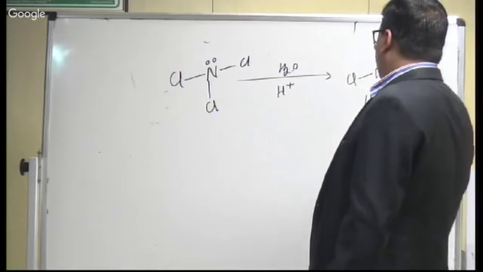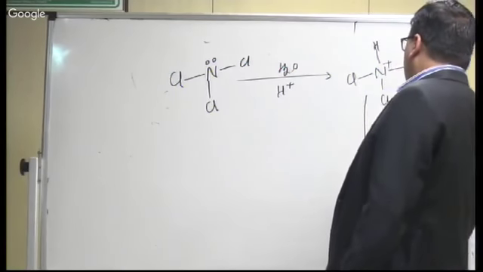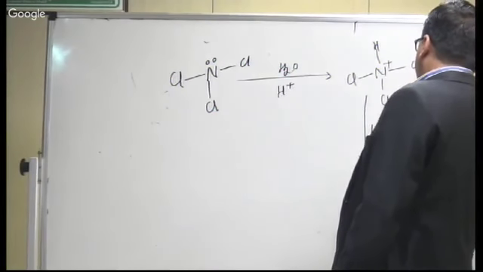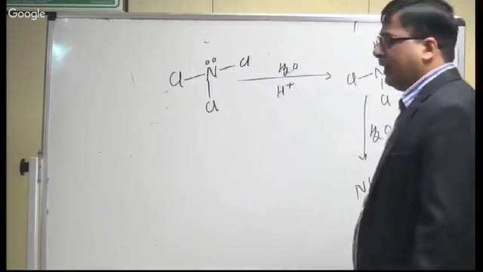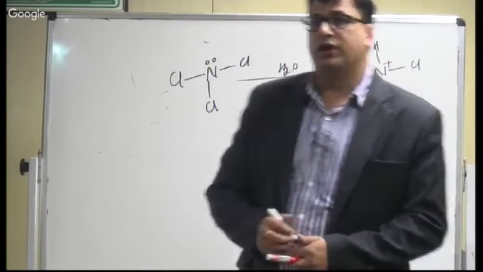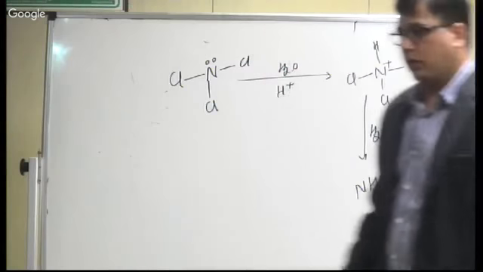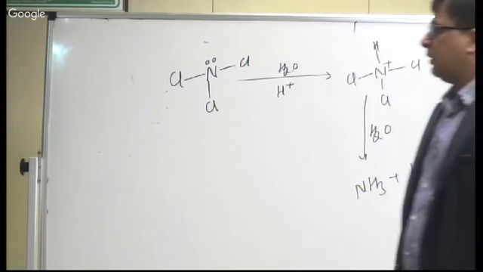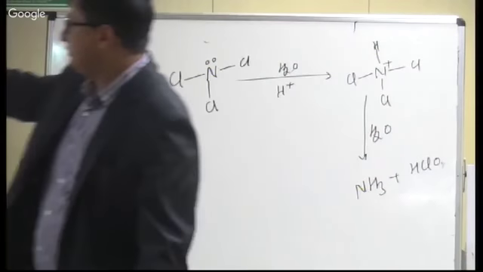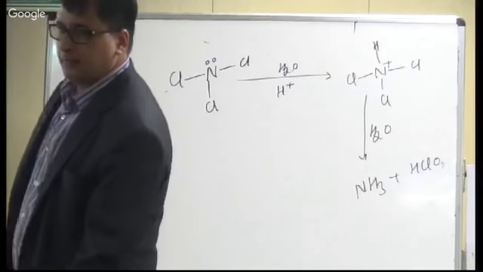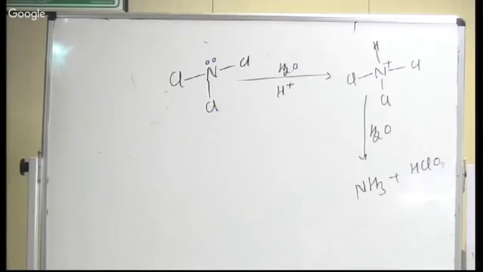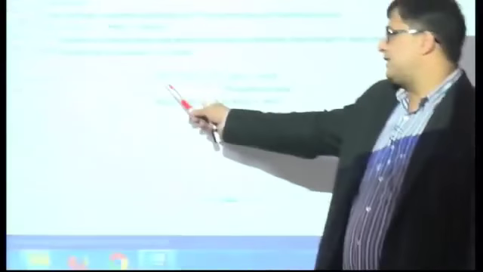Now further adding water, all halogens are substituted. NClO, NClO2, NClO3, or in some cases NClO4 also form. Clear? So I think all of you have written these points. Last year they asked the PCl3 and water reaction, giving phosphorous acid and HCl. This is the hydrolysis of PCl3.